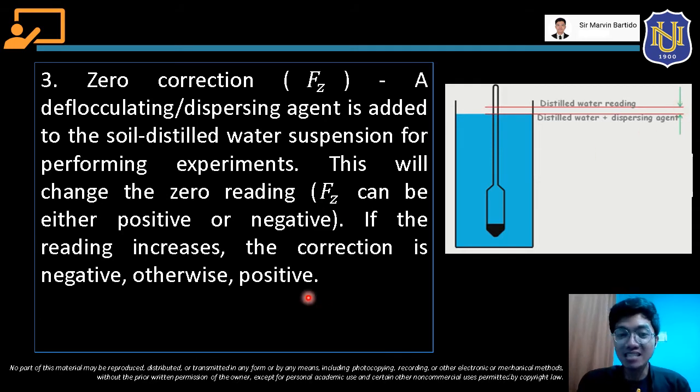So in this case, class, negative yung magiging correction natin or yung zero correction natin. Yung case na magiging positive siya, depende yan. Depende dun sa water na gagamitin natin, depende dun sa impurity, and depende dun sa dispersing agent natin. Pero kung distilled naman yung water na gagamitin natin, it's always negative. So, lagi siyang isusubtract, yung difference na yan, para dun sa zero correction natin.